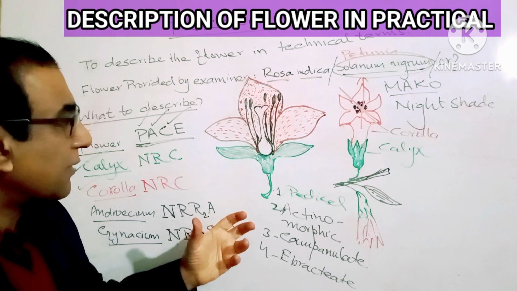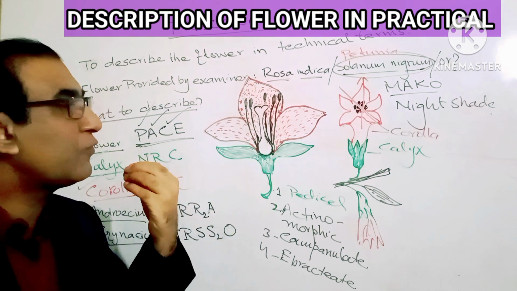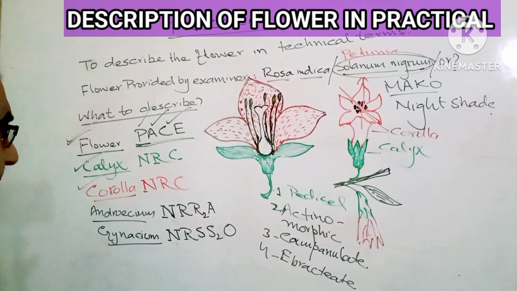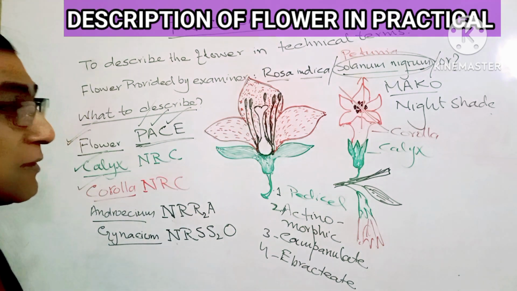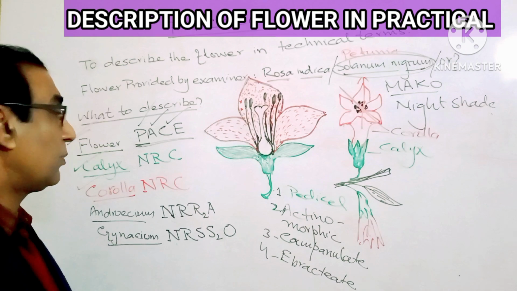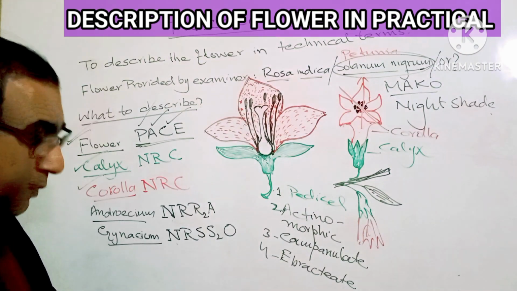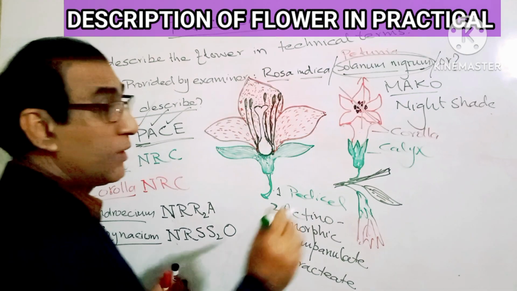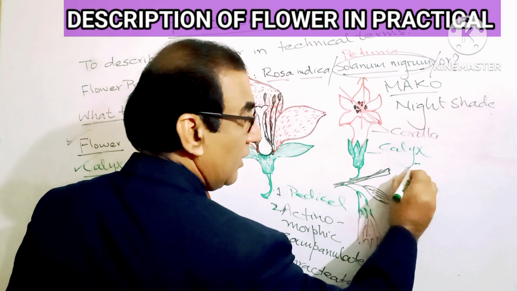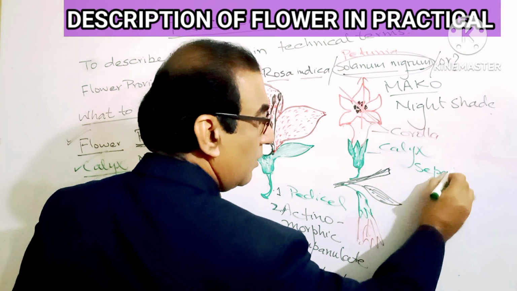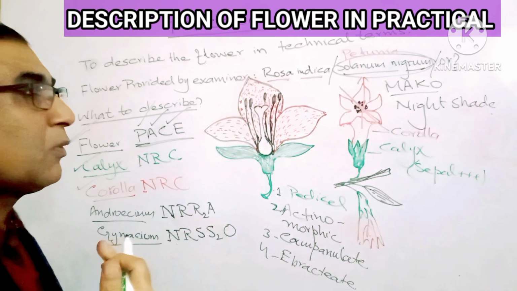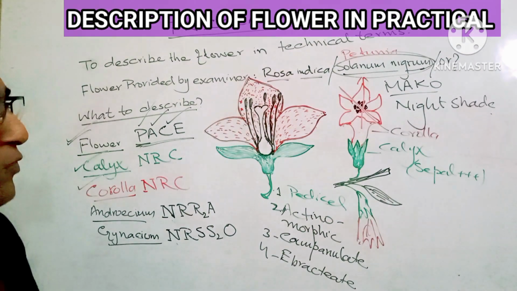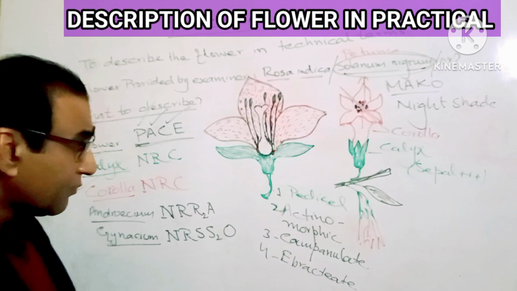In the calyx, first of all you have to tell the number of sepals. In the last lecture I told you that the calyx consists of many sepals. Many sepals form the whorl which is known as calyx.